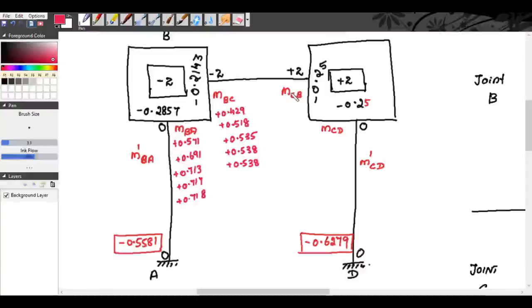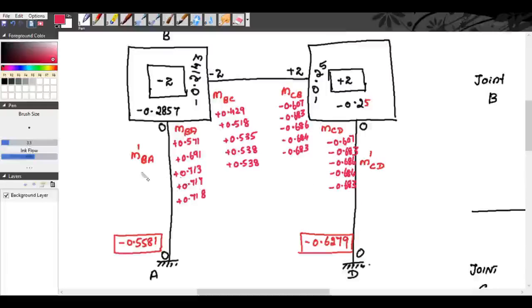Now, the rotational contribution MCB is equal to minus 0.607, minus 0.683, minus 0.686, minus 0.684, minus 0.683. Rotational contribution MCD: minus 0.607, same, minus 0.683, minus 0.686, minus 0.684, minus 0.683.